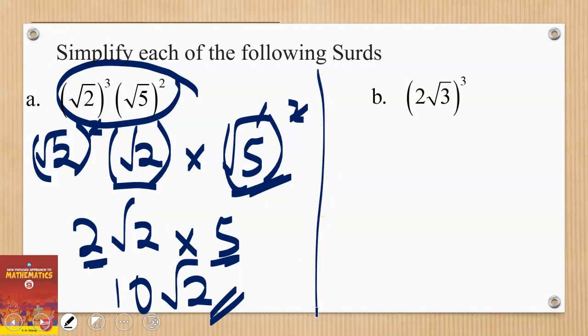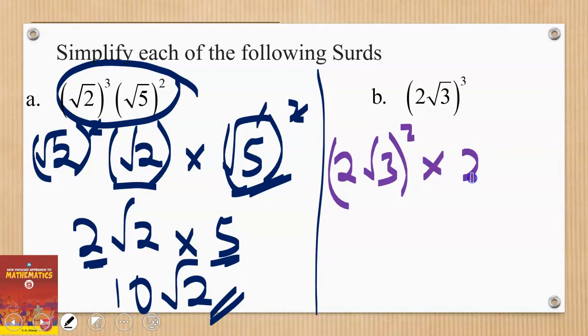Now when you come to the B part, again we have 2 root 3 cubed, which simply means 2 root 3 squared times 2 root 3, so that we get back our 2 root 3 cubed. Now 2 root 3, we square this and that will give us 4.